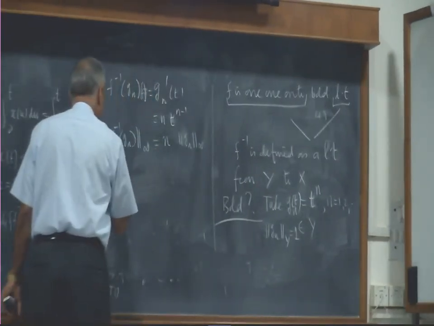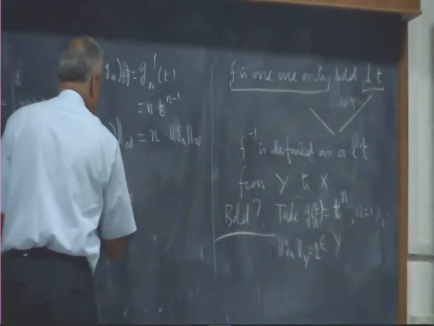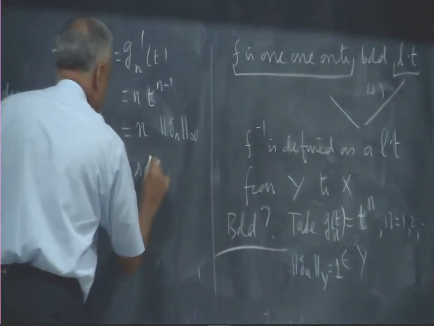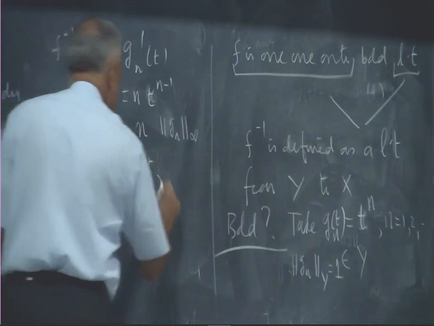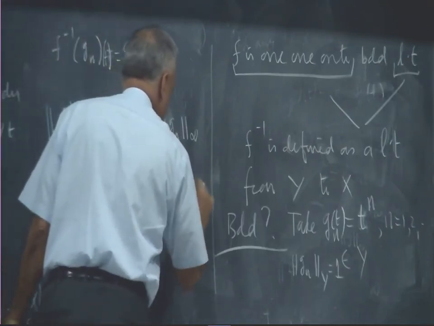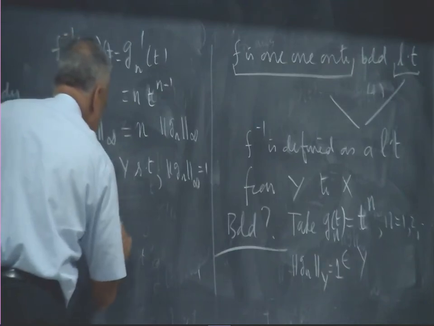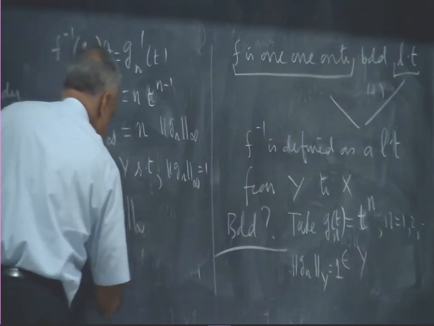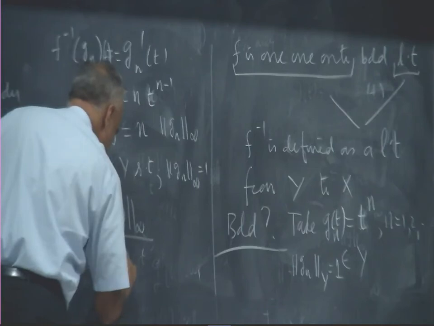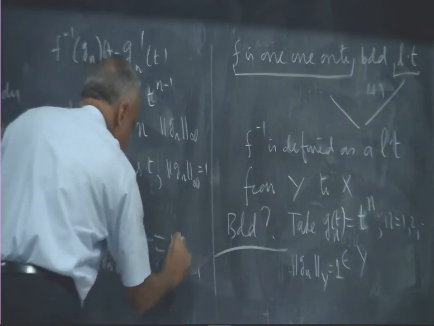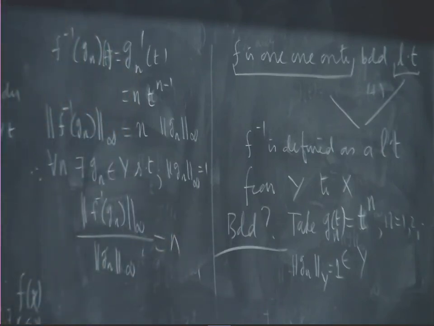Therefore, for every n, there exists g_n in Y with norm g_n equal to 1, such that the norm of F inverse g_n divided by the norm of g_n is equal to n. That means for every elastic limit, there is one fellow who reaches that.